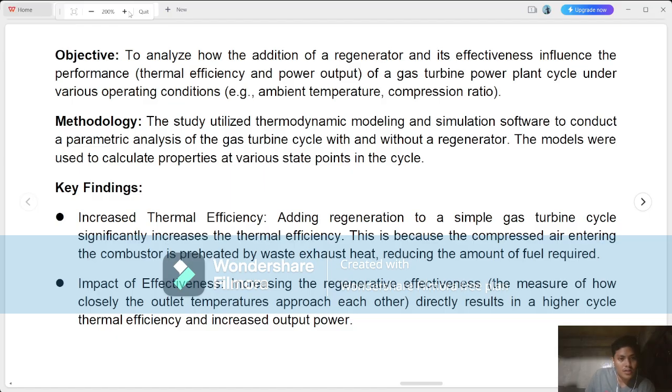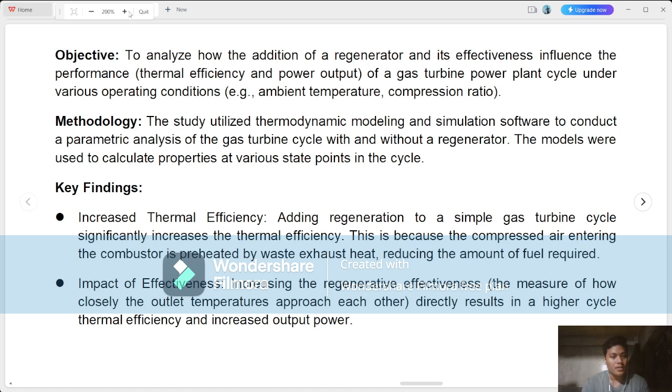The methodology utilizes thermodynamic modeling and simulation software to conduct a parametric analysis of the gas turbine cycle with or without a regenerator. The models were used to calculate properties at various state points of the cycle.